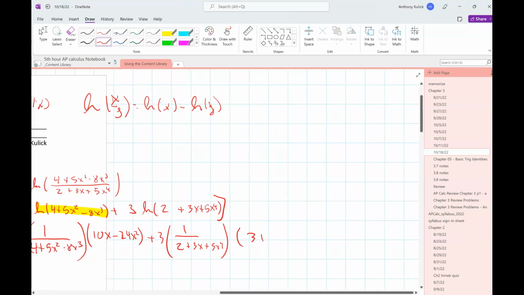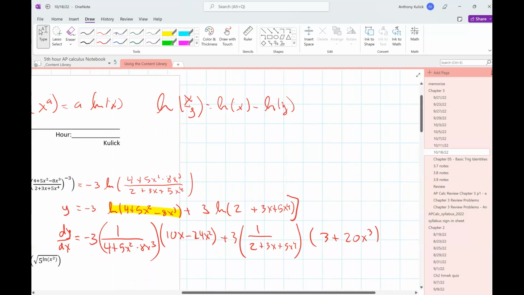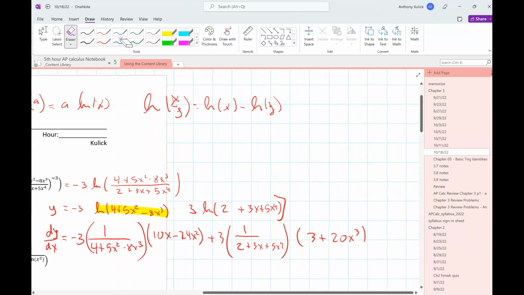Why wouldn't your 3 be negative? Because it was minus a negative. So this is what we had initially.